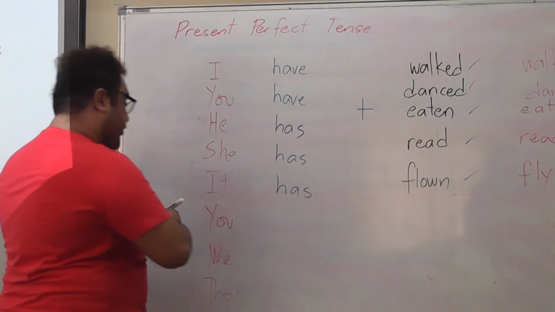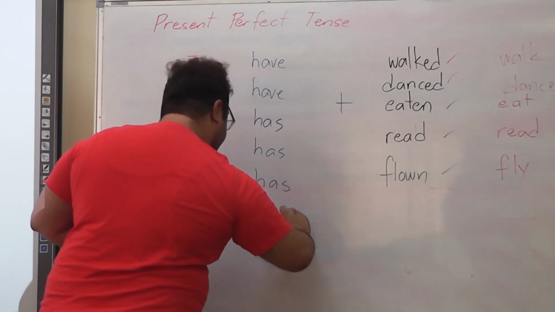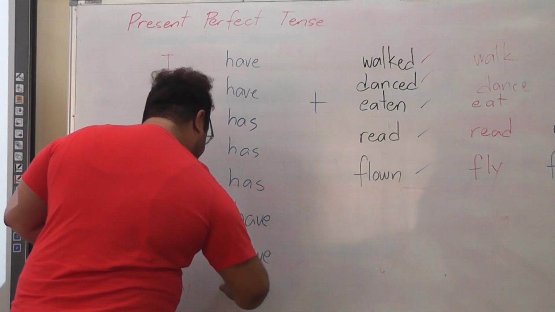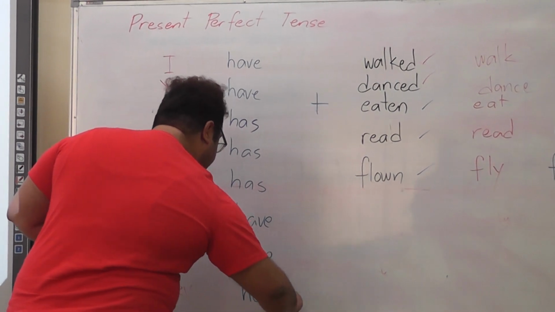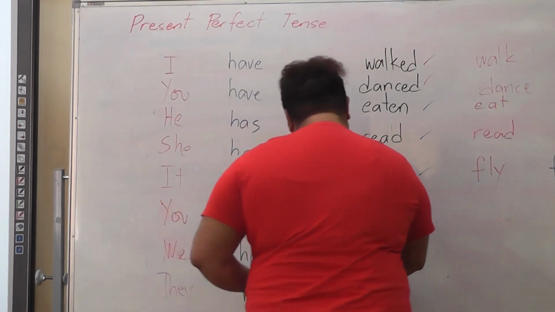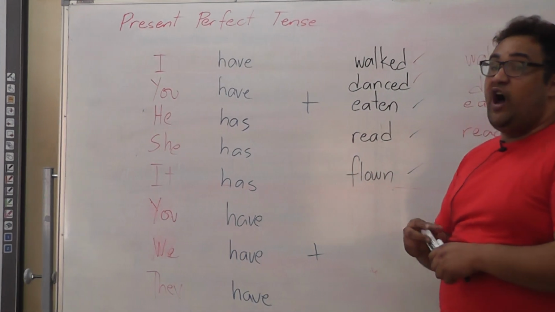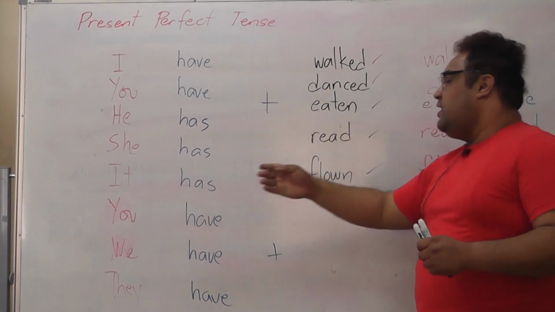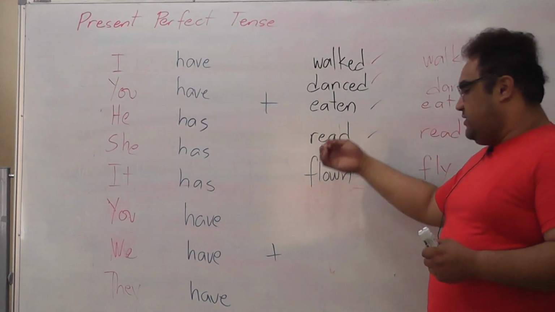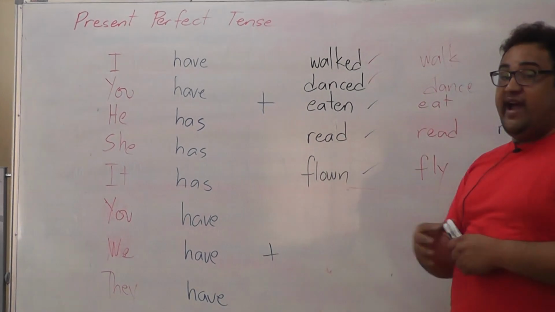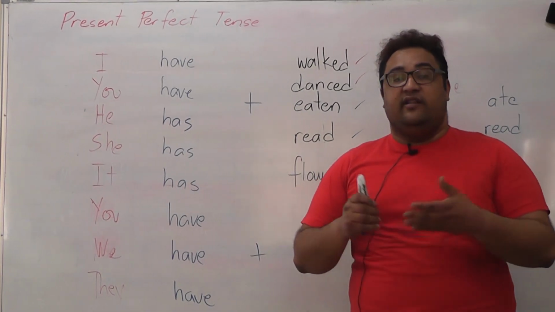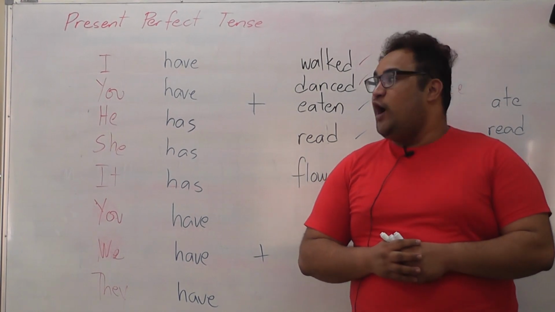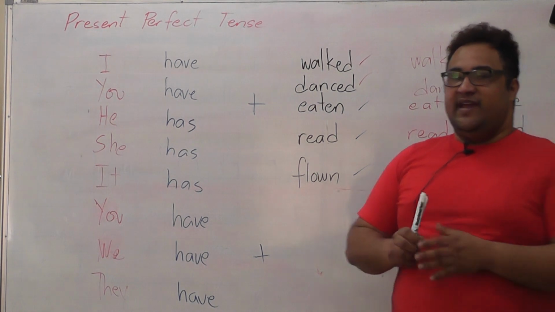So for you we use have, we use have, and they we use have, plus again the past participle of the verb. So you may say you have walked, we have eaten, they have read. So this is how we form the present perfect of the verb.